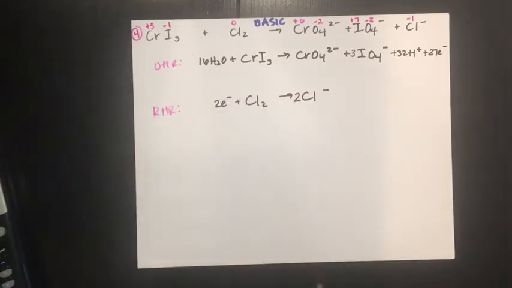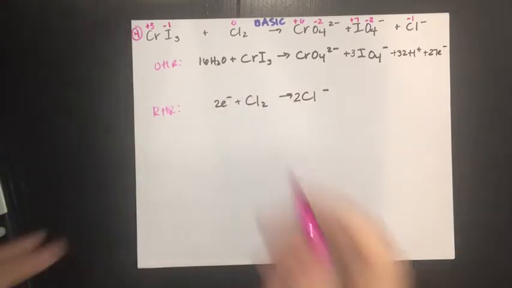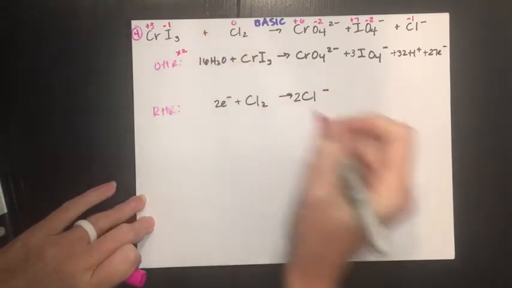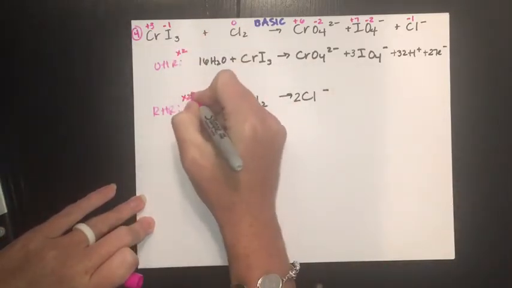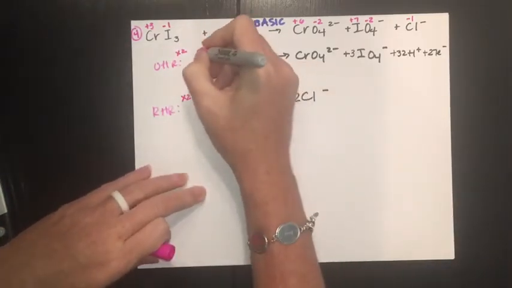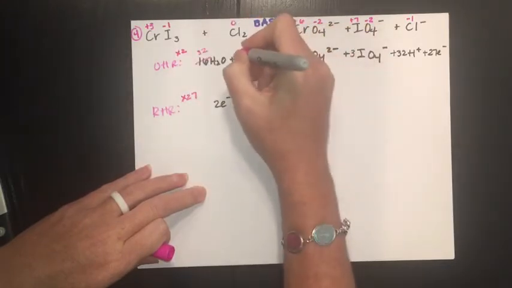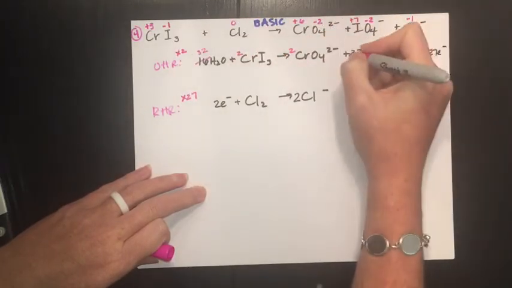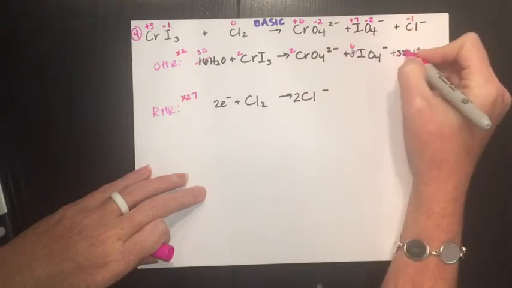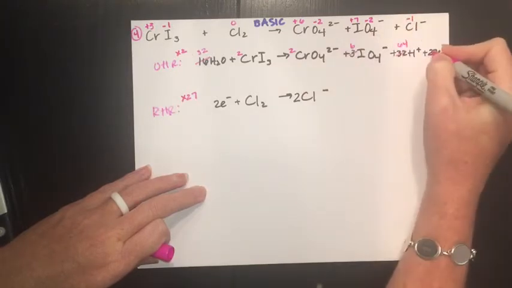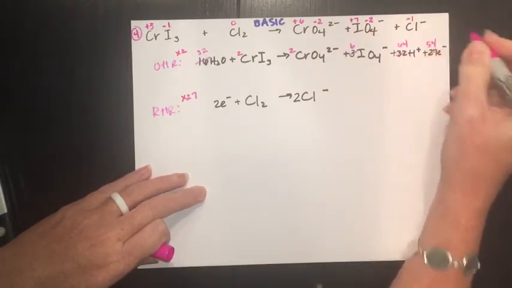So again, another ugly one. We have to multiply everything here times 2 and everything here times 27. So this becomes 32, 2, 2, 6, 64, and 54.